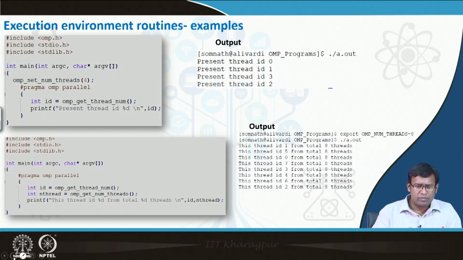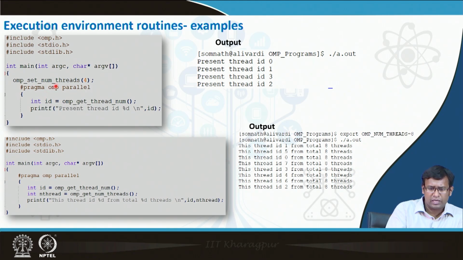Some of the examples: first, if we are running a program which will write in the parallel part from each thread, it will write that this is the present thread ID. To run it in multiple processors, in multiple threads, we have to call pragma OMP parallel. So, it will launch a number of threads.